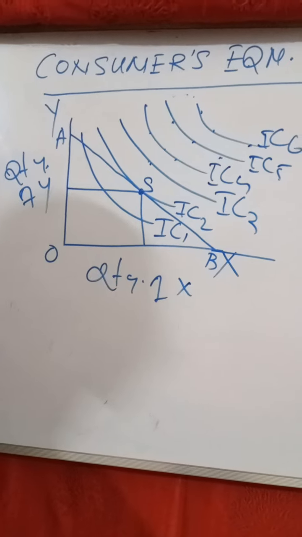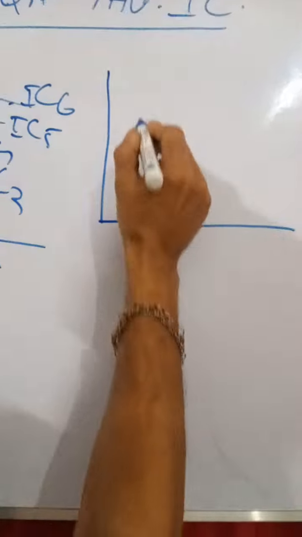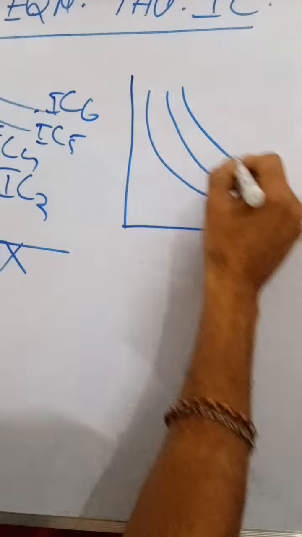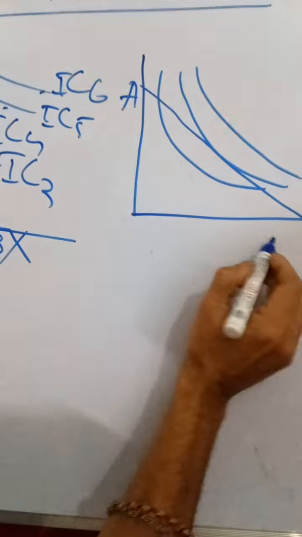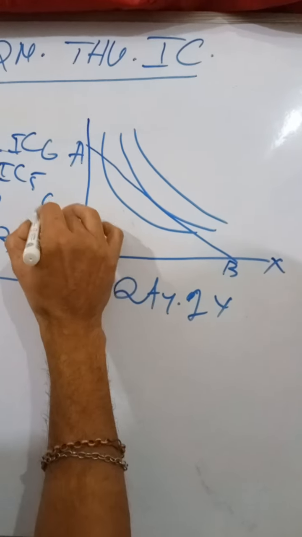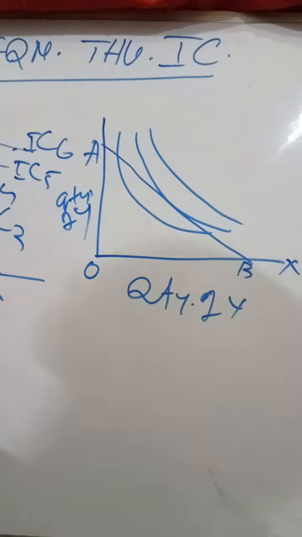Now let us look at another diagram. This is A, this is B. This is quantity of X on X-axis and quantity of Y on Y-axis. This is the point of tangency between IC2 and AB. This is IC1. This is IC3.